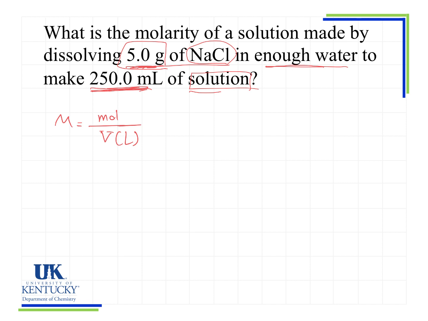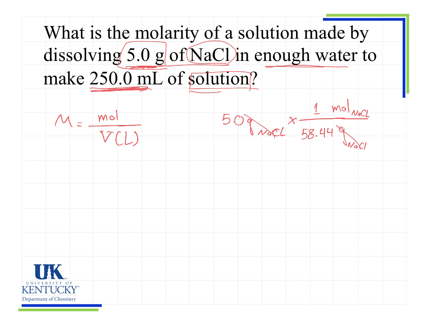With molar mass, right? So you have 5 gram of NaCl, and you have to convert that to mole with molar mass. So I don't want gram, I want to get rid of that. I put it on the bottom and put the mole on the top. So you find the molar mass of NaCl, and you know that 58.44 gram of NaCl is 1 mole of NaCl, okay?